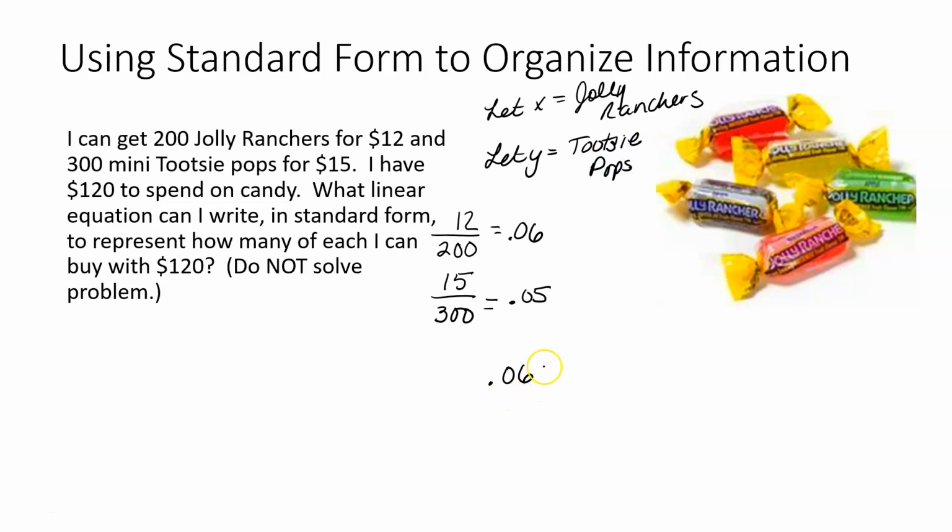So 6 cents times some unknown number of Jolly Ranchers, and if you add to that 5 cents times some number of Tootsie Pops, and you have $120 to spend, that's in standard form, and that's going to give you all the different combinations of Jolly Ranchers and Tootsie Pops you can buy while spending $120. That's it.